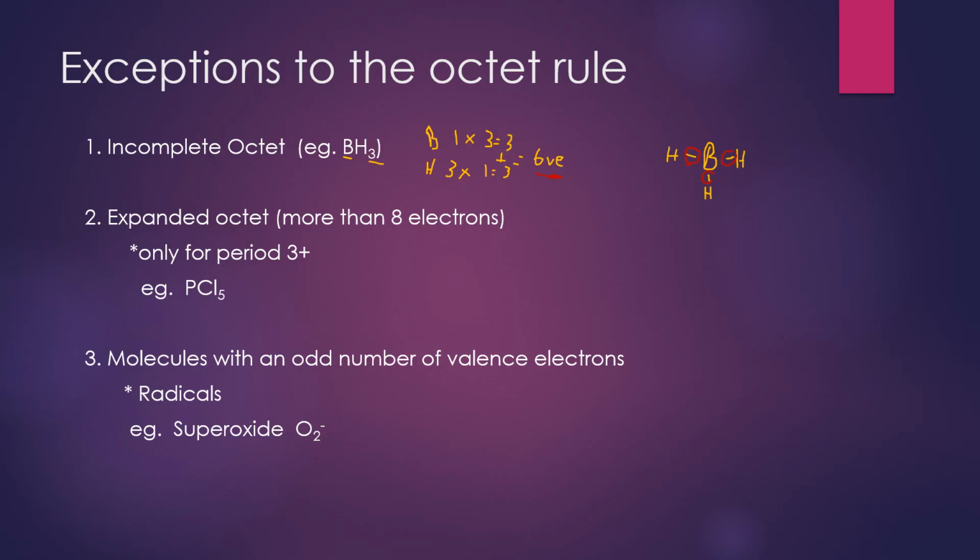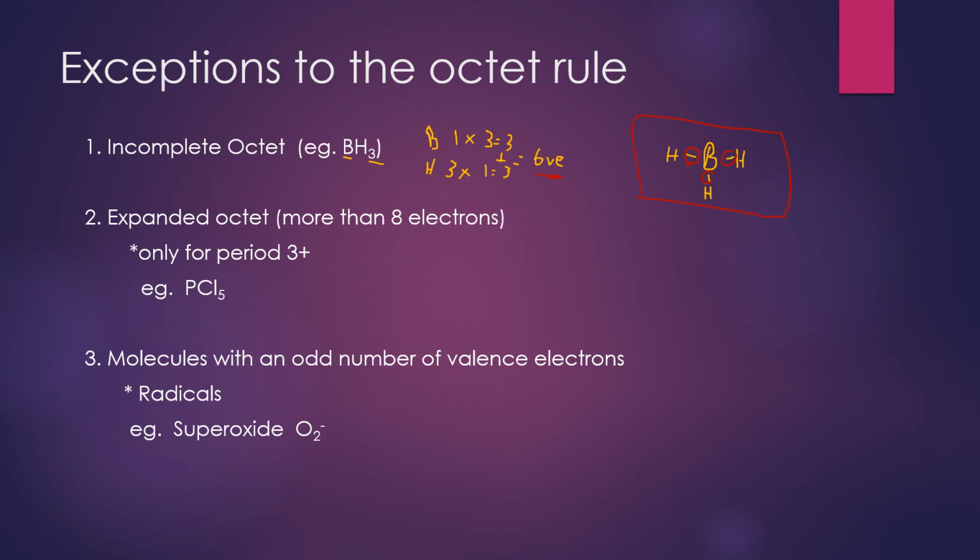Now that means boron only has 6 electrons around him. And we said that everybody wants 8. Well, not boron. Boron is happy with just 6, so he is one of the exceptions to the octet rule. 6 electrons, and he does not need 8. So this is the correct Lewis structure for the boron trihydride molecule.